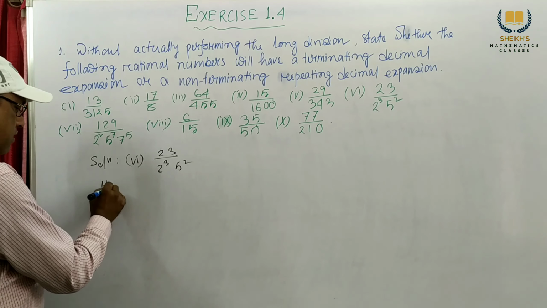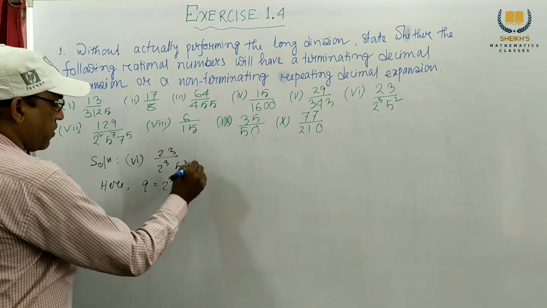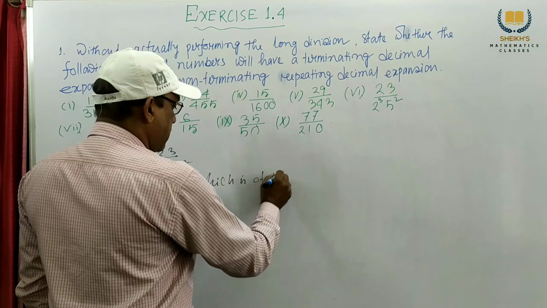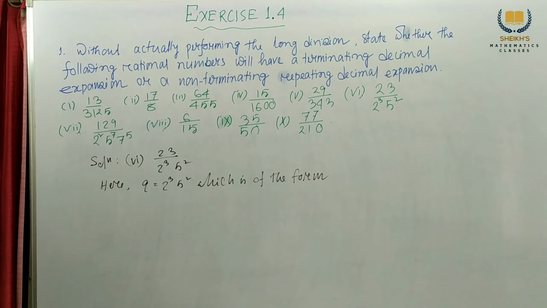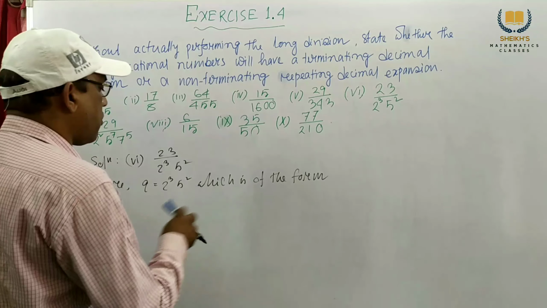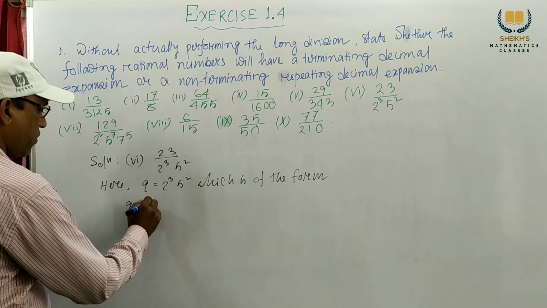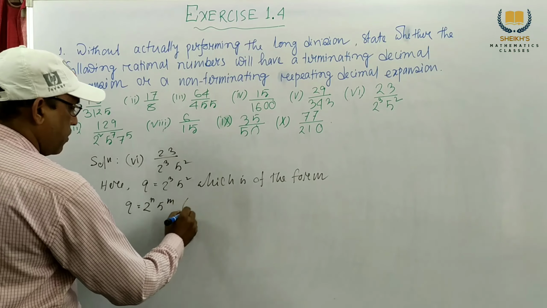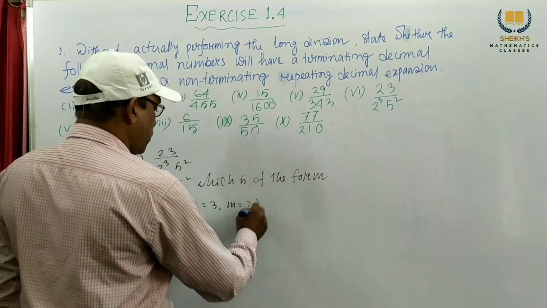Here denominator q equal to 2 to the power 3, 5 to the power 2, which is of the form 2 to the power n, 5 to the power m, n equal to 3, m equal to 2.